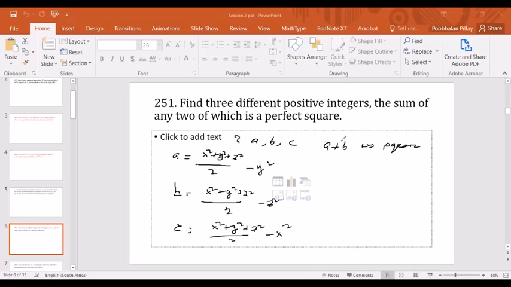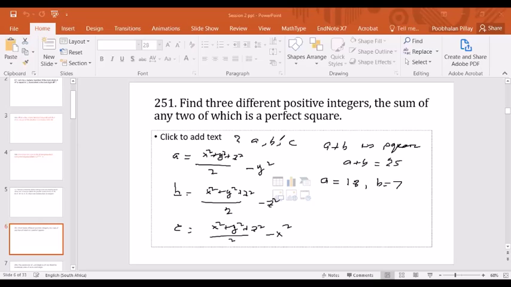Like for instance now, suppose the square is say 25. Right? Now you can choose a value like for instance A is equal to say 18 and B equals 7.